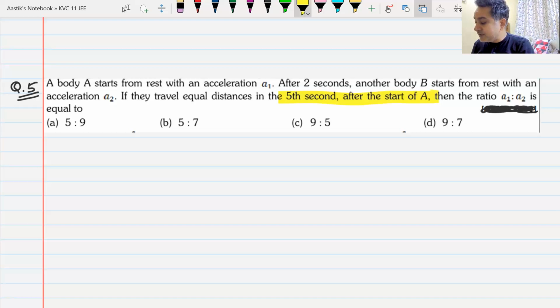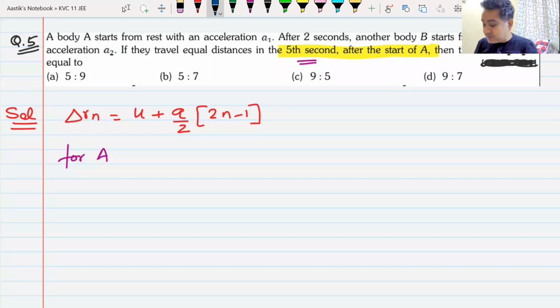Now, for body A, what is the displacement in the fifth second? It's very simple. You are not able to see my screen, so now you are able to see the screen. The displacement in the fifth second for body A: both the bodies start from rest.